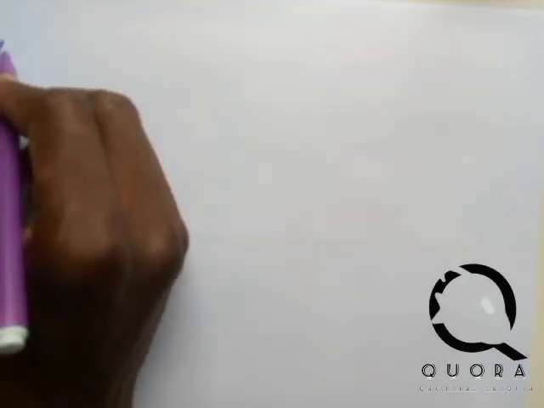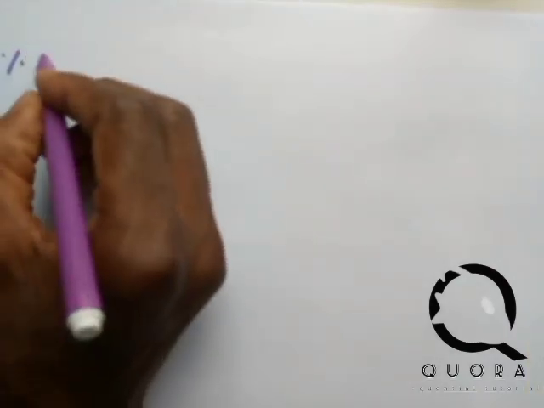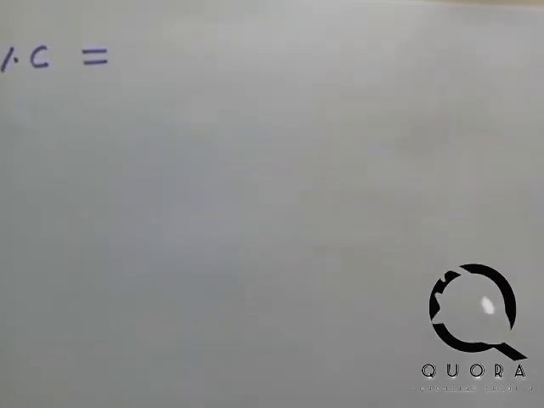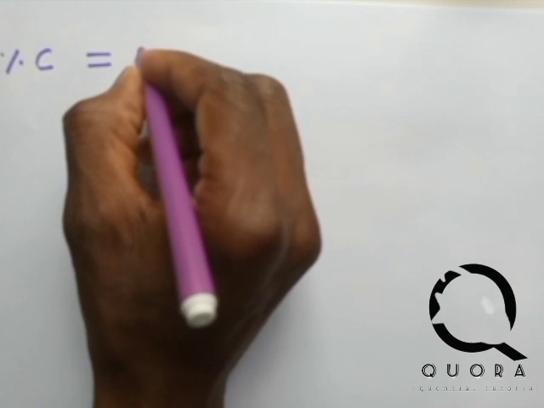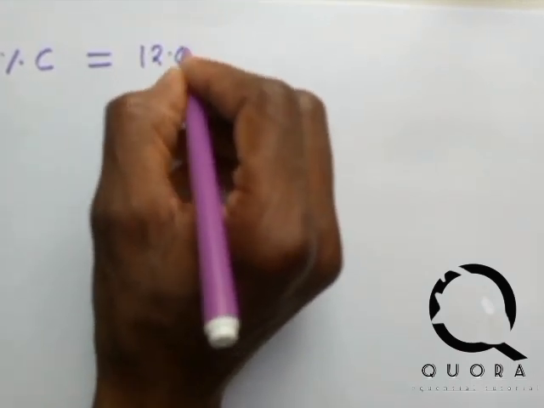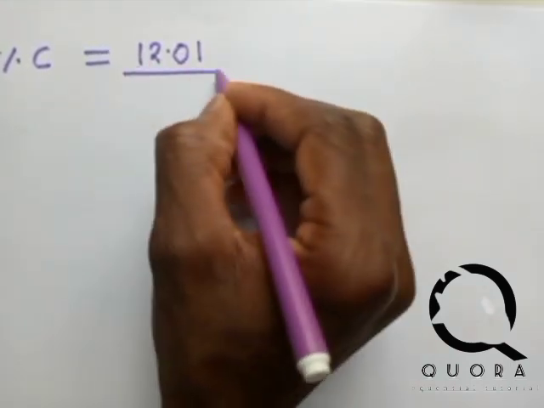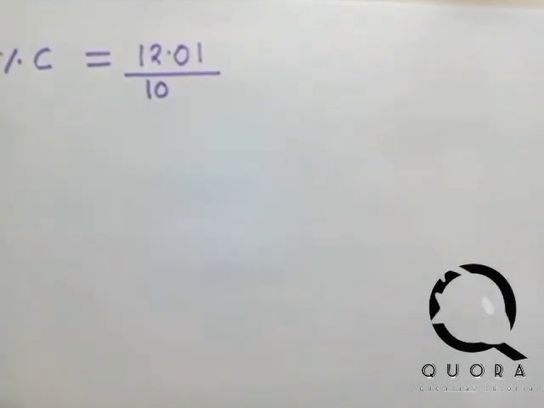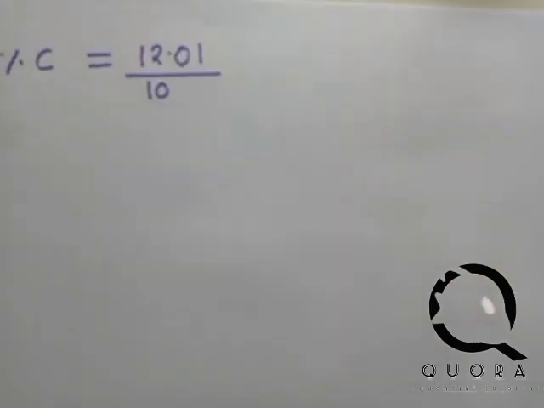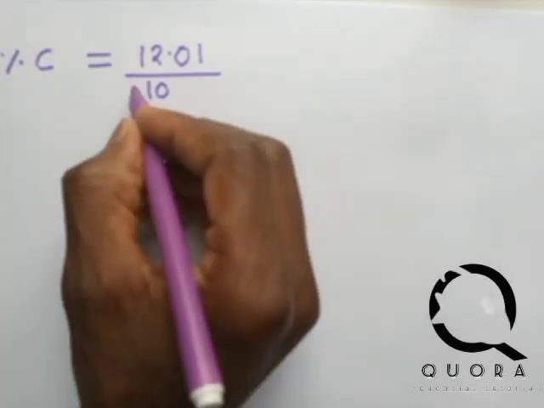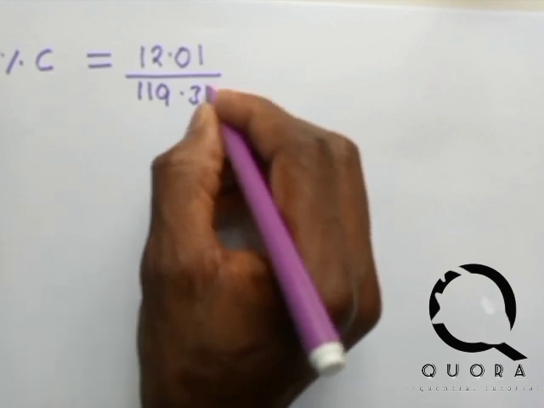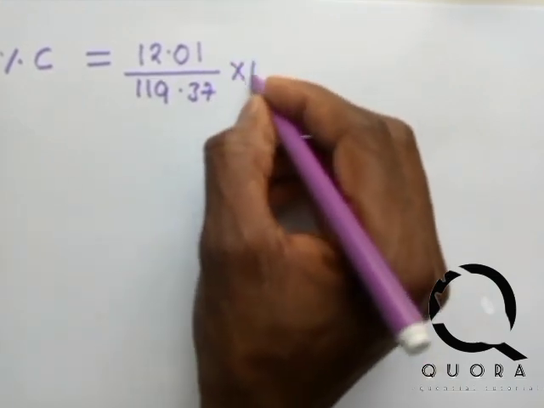The percentage composition of carbon is going to be equal to, what is the molar mass of carbon? The molar mass of carbon, we are saying that it has to be 12.01. Divide this by the total molar mass of the given compound, which is 119.37. I'll multiply this by 100%.